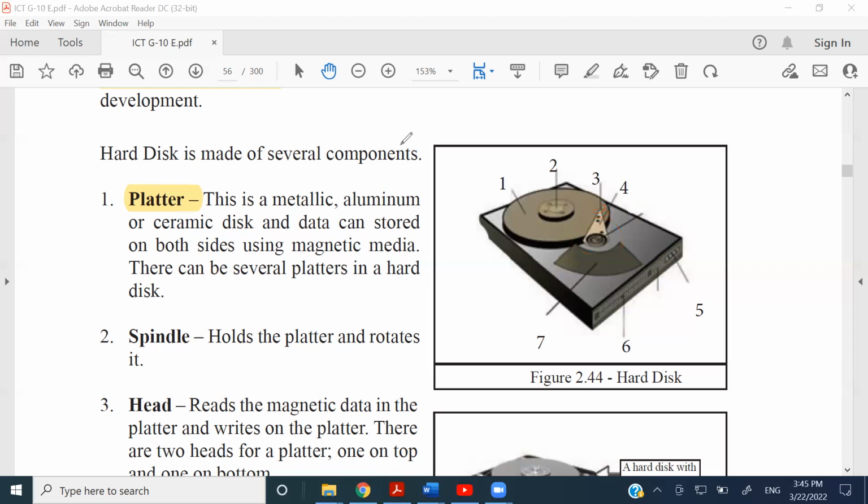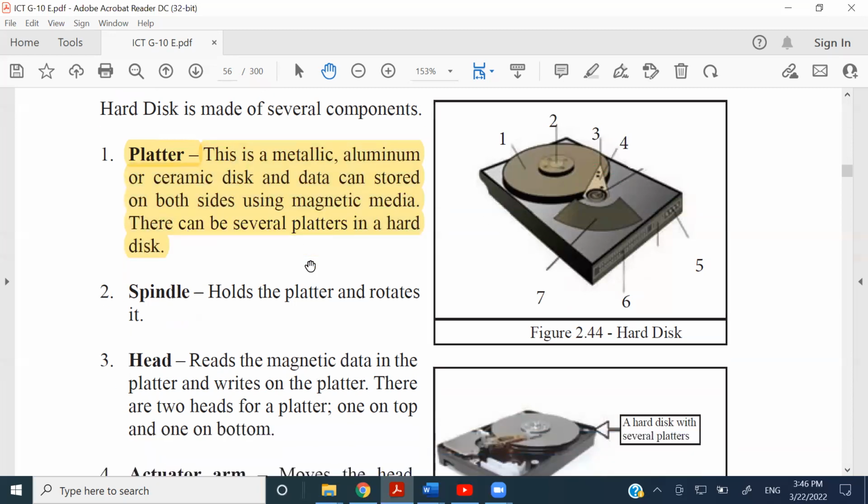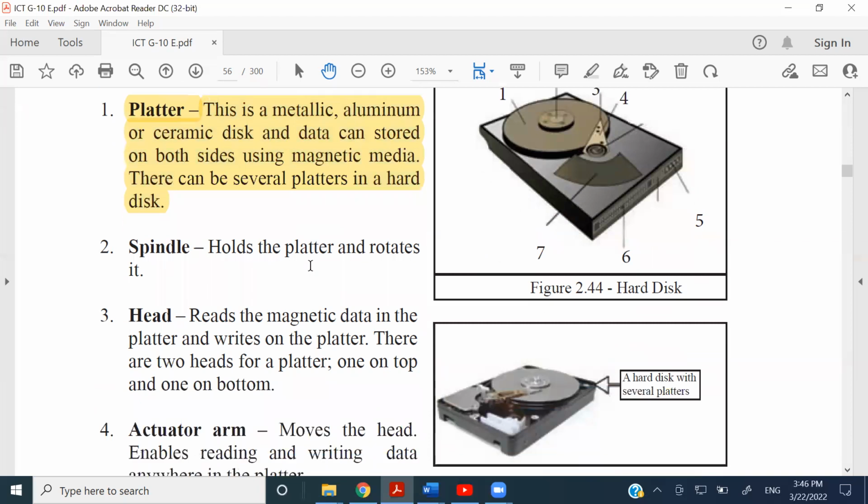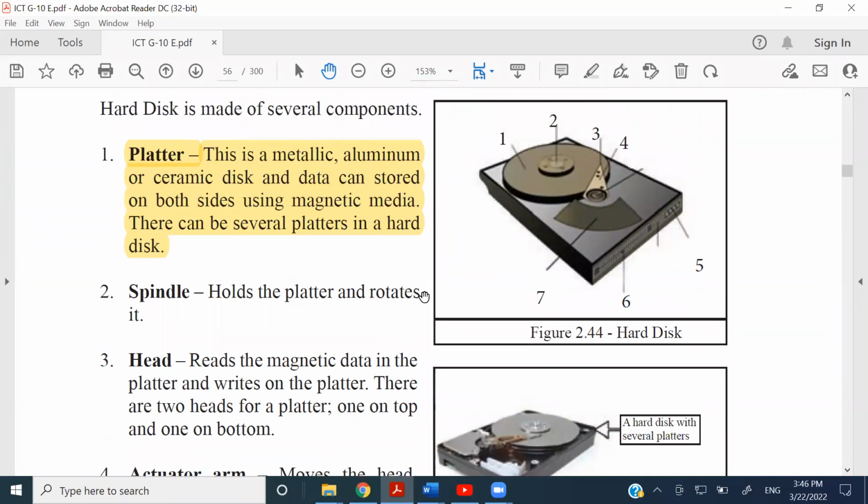So let's write about the platter. It's better we write this down. It says what is the platter. Then we should keep some space for drawing that, sir?